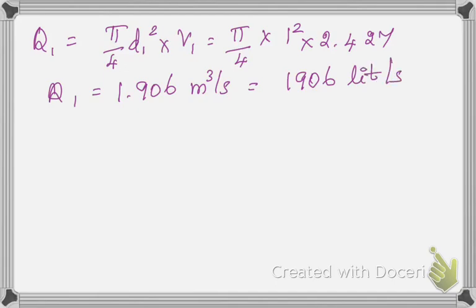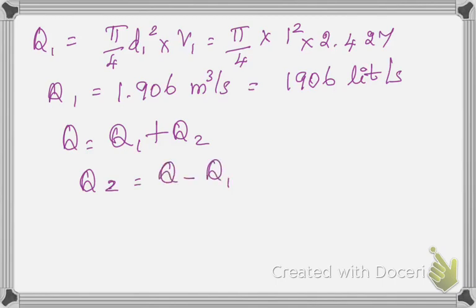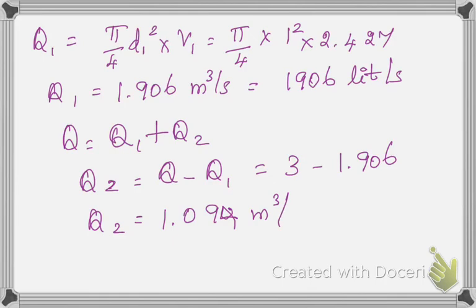And we know that Q is equal to Q1 plus Q2, so Q2 is nothing but Q minus Q1, which is 3 minus 1.906. Q2 is equal to 1.094 meter cube per second, which is 1094 liters per second. So this is the answer. Thank you and happy learning.